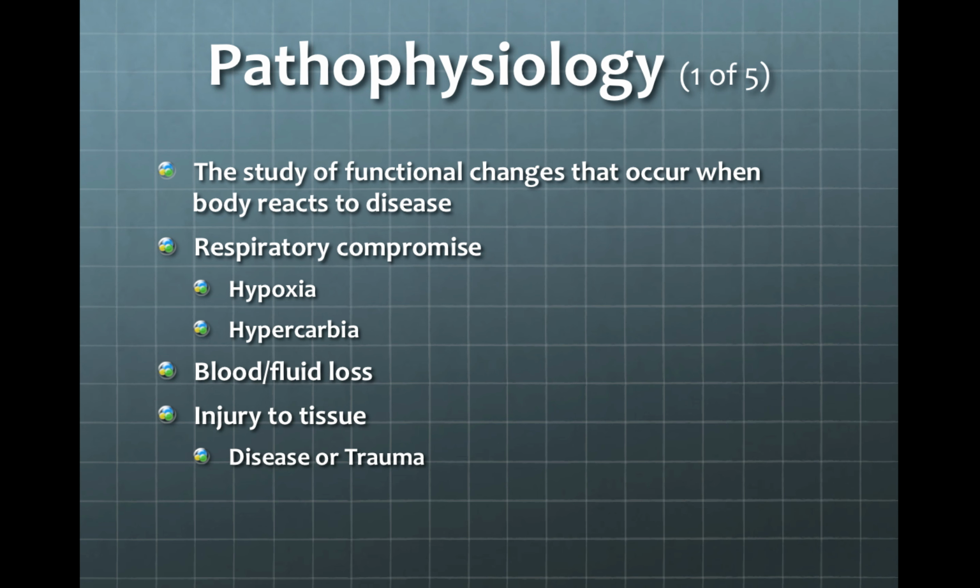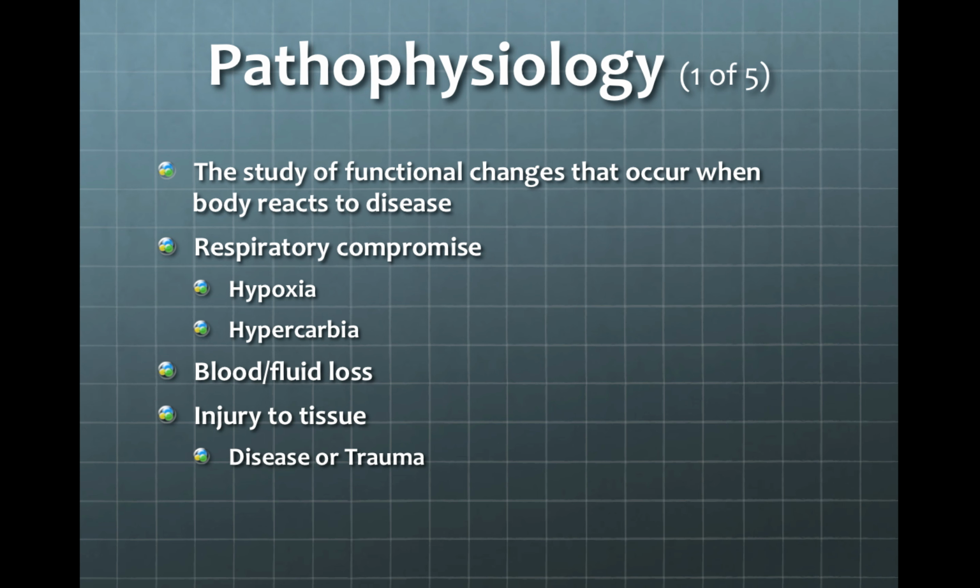And that is true for fluid loss as well, because when you're vomiting or have a lot of diarrhea, that watery component is being expelled from the body, and so the body will start to draw from its reserves. And one of the first places that you can find a source of water, of course, is going to be in the bloodstream. And the bloodstream is going to start sucking water from the cells to try to replenish itself.